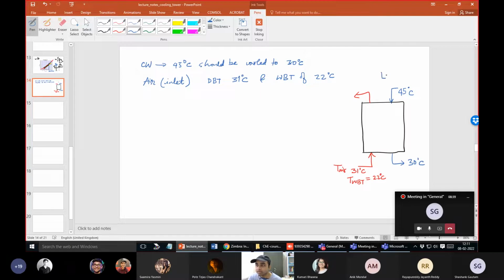The mass flow rate of water is given as 6,000 kg per meter squared per hour.